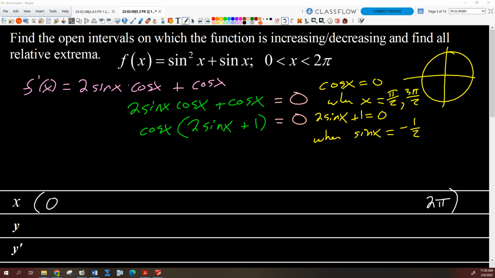So I'm solving for the trig function, and then I'm playing a unit circle game where I'm saying, okay, where does that happen? Where does sine x equal negative 1/2? Sine is the y coordinate. So if I were to locate those on my unit circle, wouldn't those be right there and right there? What angles are those?